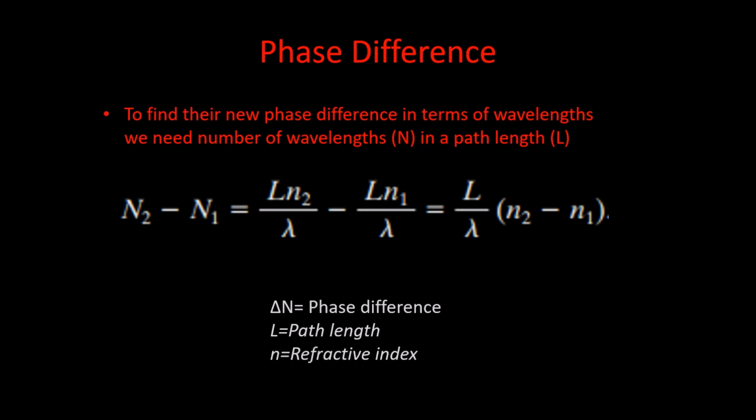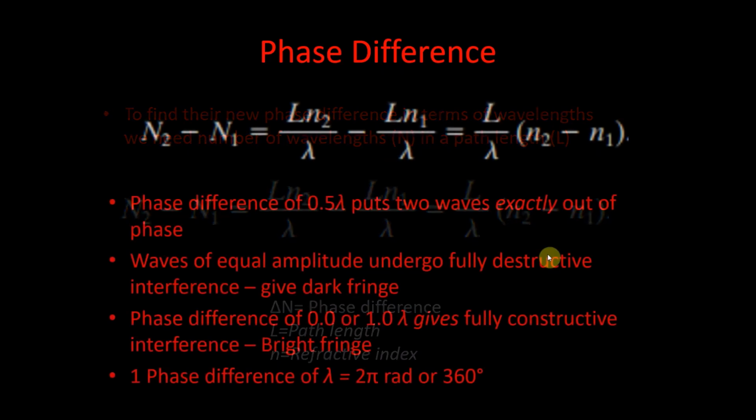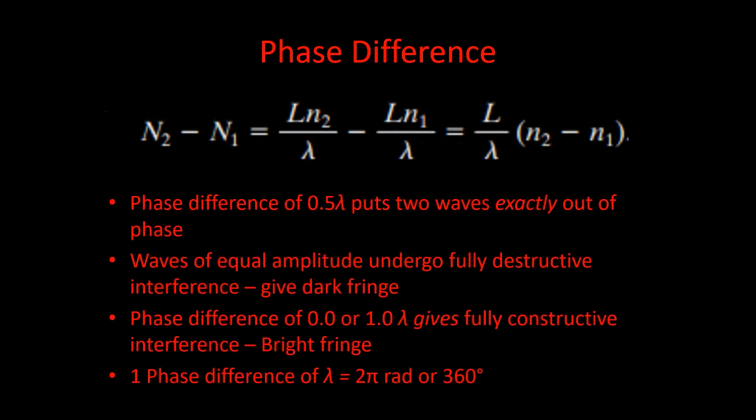What is their phase difference? How does the number of wavelengths passing through a particular point change? Delta N here, and that will equal L over lambda times n2 minus n1, delta refractive index, a different n.